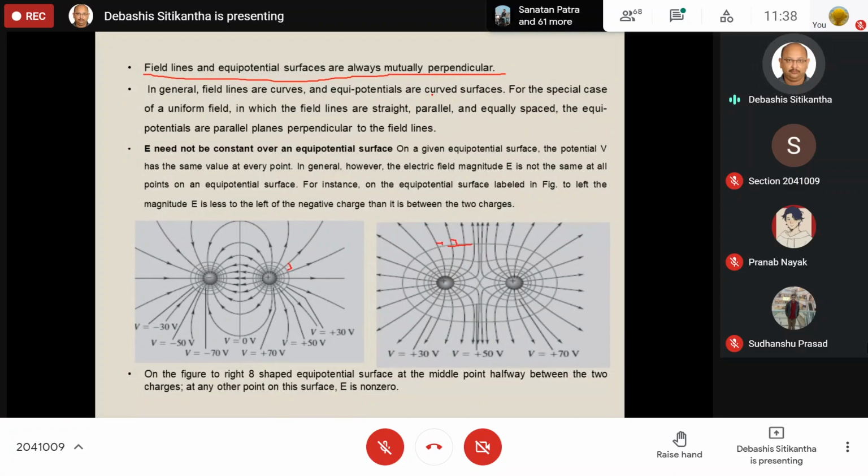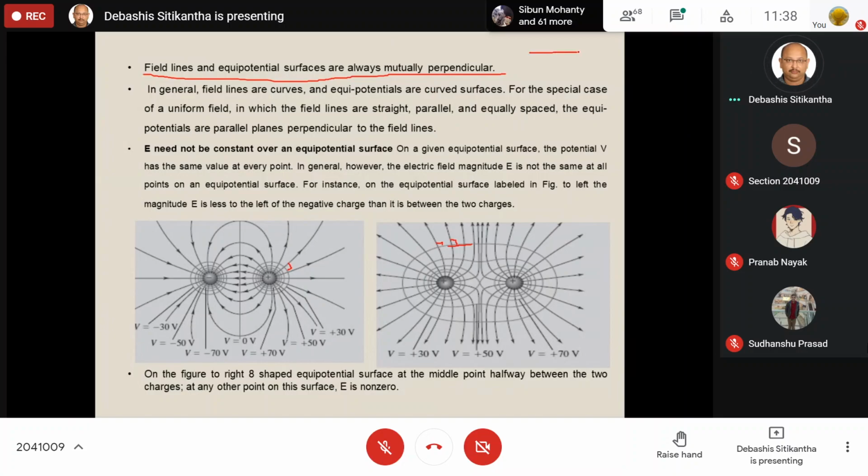Okay. Next point: in general, field lines are curves and equipotential surfaces are curved surfaces. They are curved most of the time. For the special case of a uniform field, in which the field lines are straight, parallel and equally spaced, the equipotential surfaces are parallel planes perpendicular to the field lines. So what is that?